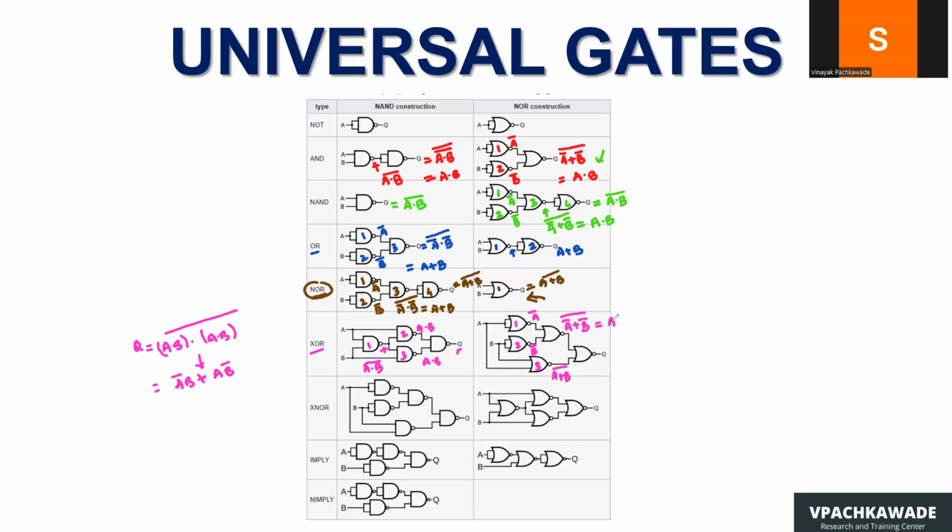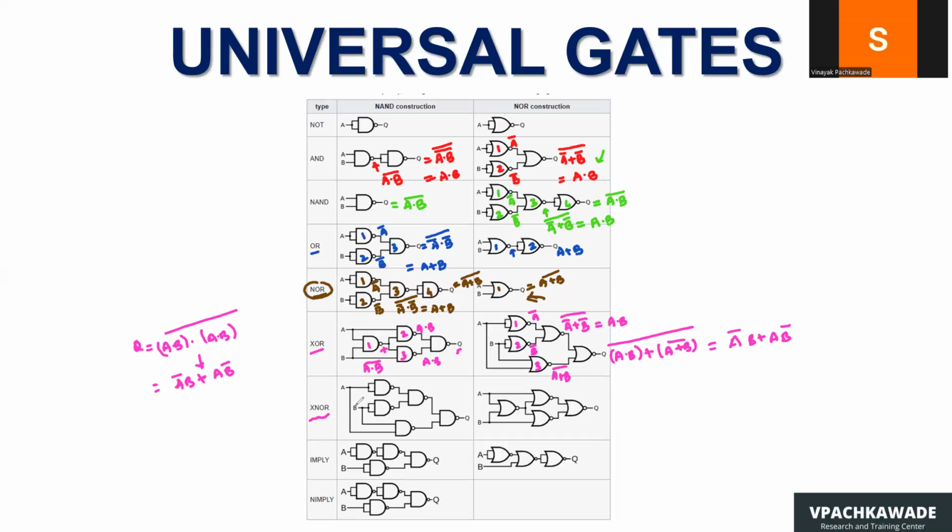So that becomes A and B. And here you would have A and B, and A or B bar, and then take a bar. So if you solve it, it would be A bar B or A B bar. So try it as an exercise for you.